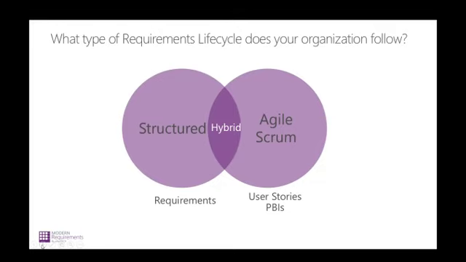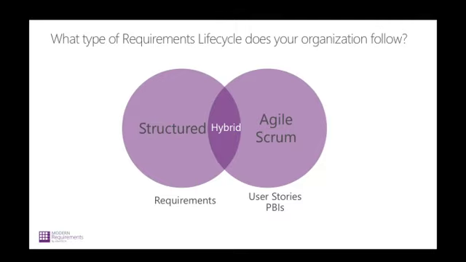And what we see quite often is this overlap that we call hybrid processes, where people today develop their requirements more in a structured manner, and then once they're done, develop, test, and deploy the solutions following agile methodologies. So we call this hybrid or wagile.